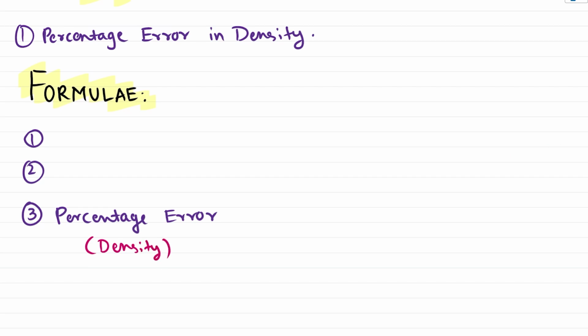This formula is, first we need to find the relative error in density, which we represent as delta rho upon rho, if rho is the letter to represent density.